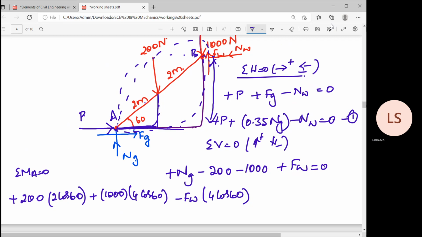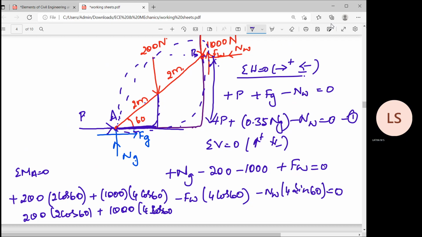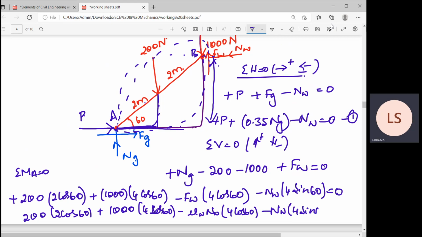And minus Nw into 4 sine 60. When you solve all that, 200 into 2 cos 60 plus 1000 into cos 60, here I can write Fw as mu W into Nw, 4 cos 60 minus Nw 4 sine 60.